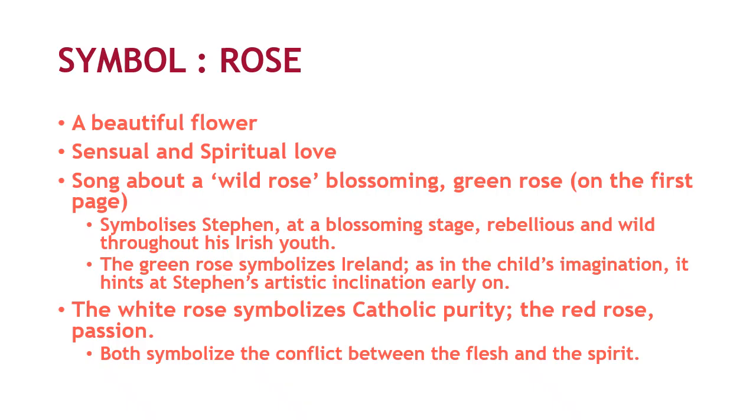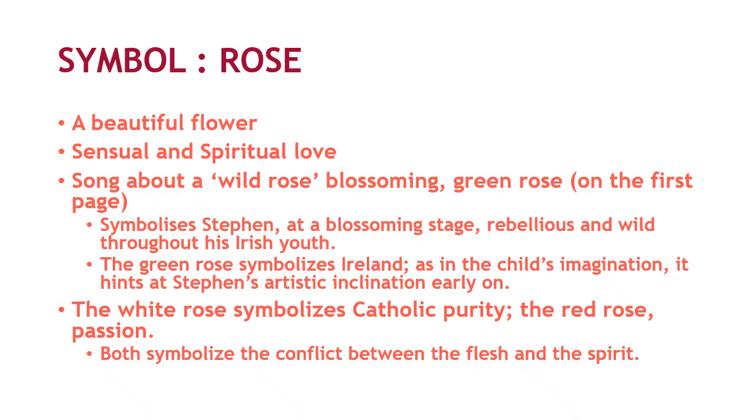and its association with the beauty of women is a short step from the association of rose with the beauty of art. This association is available on the very first page of the book. Stephen sings a song about a rose, a wild rose blossoming, and it's a green rose blossoming.